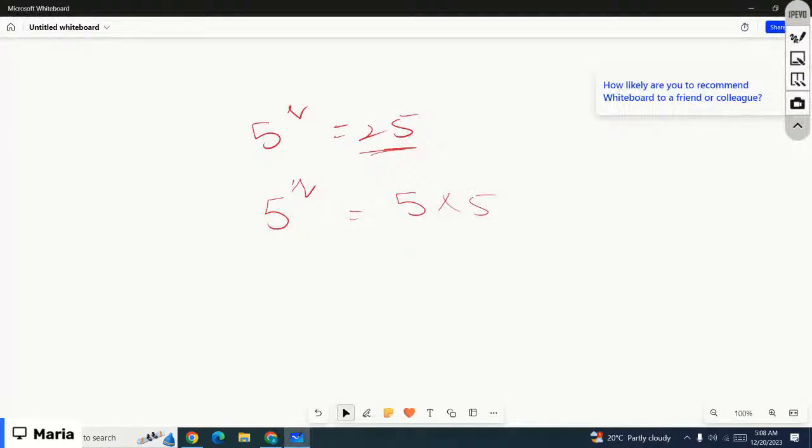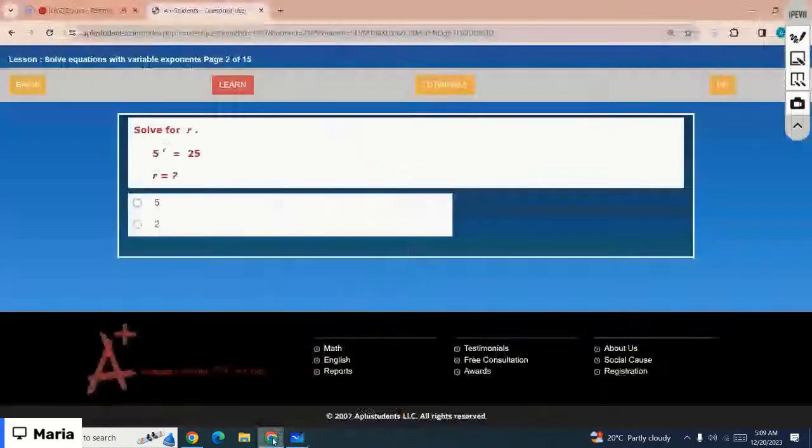Then you can write 5 times 5 as 5 square. You can see their bases are equal, right? That means their exponent is also equal. So the correct option is 2. Got it?